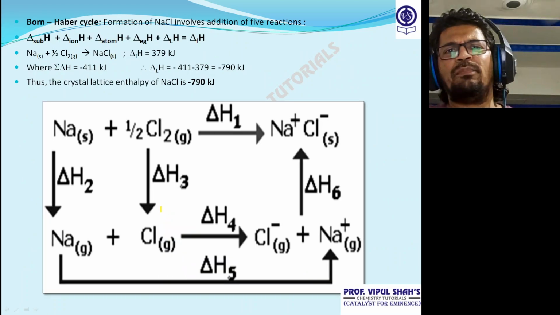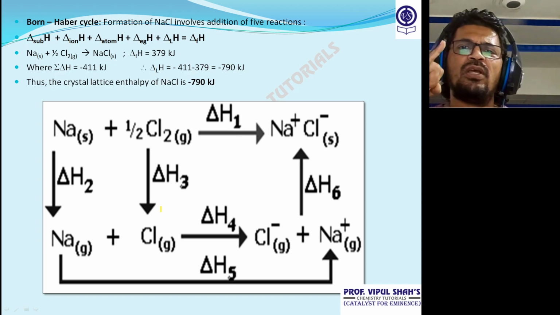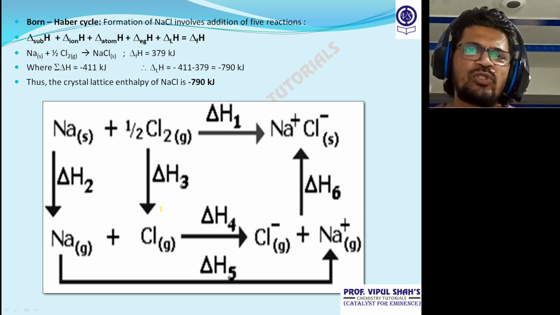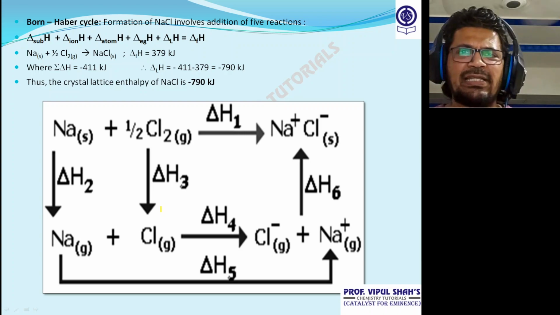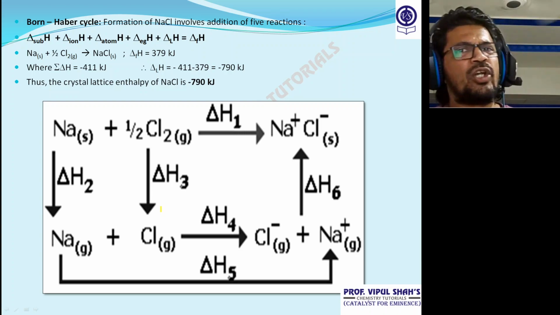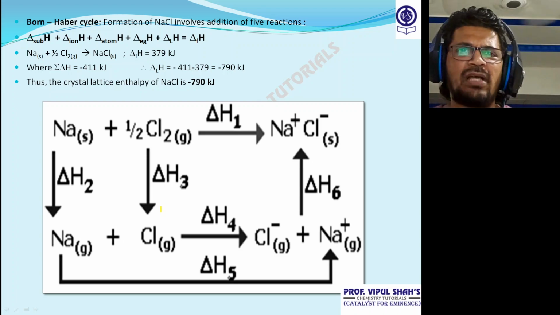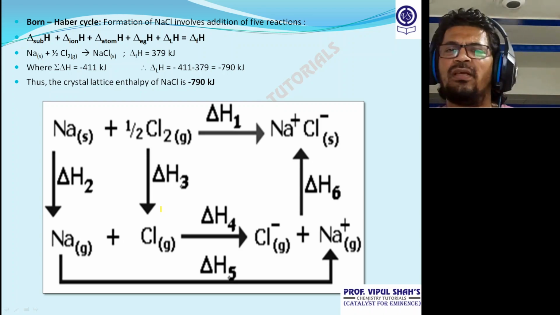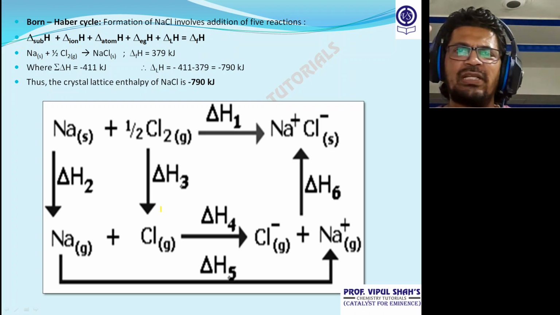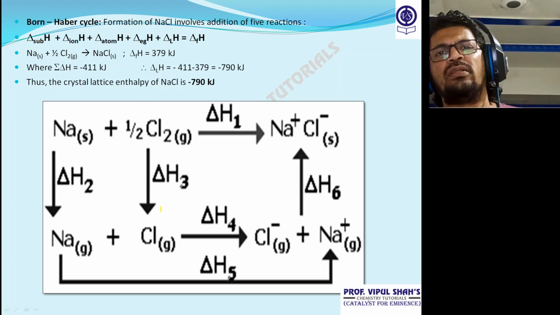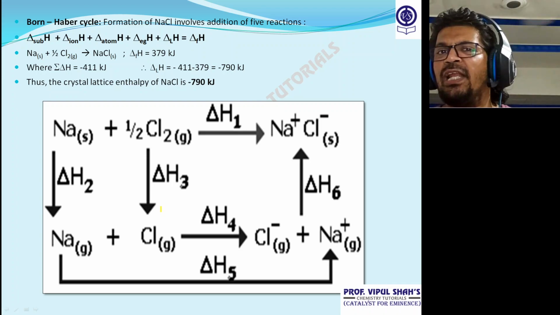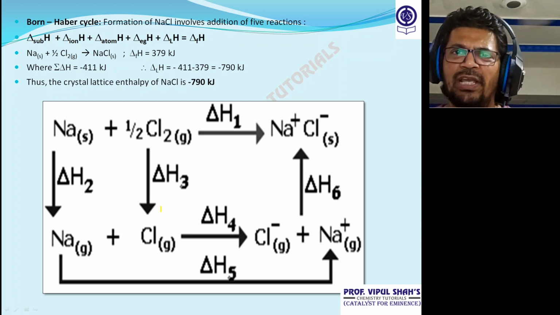Next we have the Born-Haber cycle. This we have done in Nature of Chemical Bond also. Formation of NaCl: sodium in the solid state first goes to sodium in the gaseous state, that's sublimation. In the gaseous state it loses an electron, that's ionization enthalpy. Third, chlorine breaks down to form chlorine atoms, that's enthalpy of atomization. The chlorine atom gains an electron to form Cl minus, that's electron gain enthalpy.